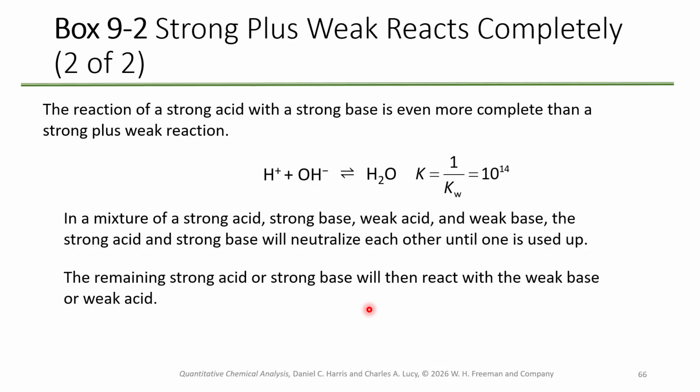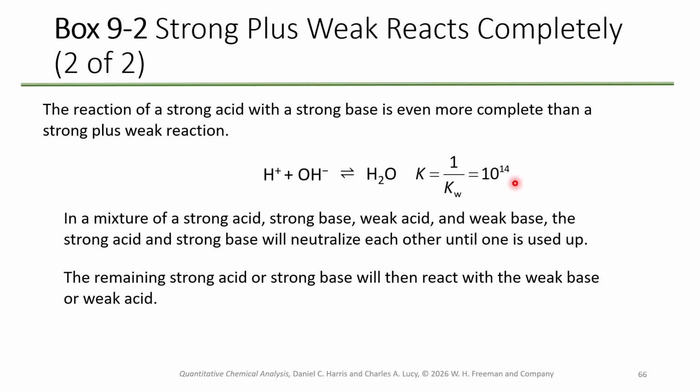All right, so again, the reaction of a strong acid with a strong base is going to be even more complete. So if we have a strong acid with a strong base, we can just do the water neutralization reaction right here, which is H plus plus OH minus gives you water. Okay? And this is actually the flip reaction of that autoionization reaction. Everybody see that okay? And so this is actually going to be 1 over Kw, which is 10 to the 14th.